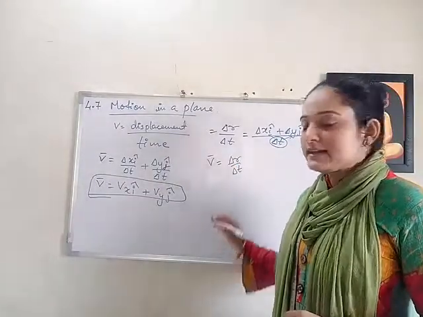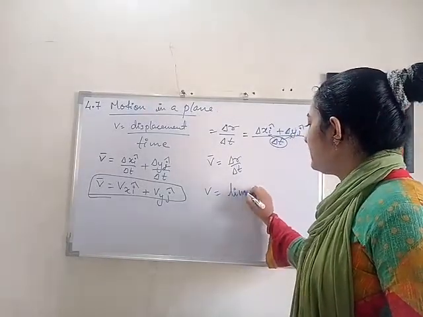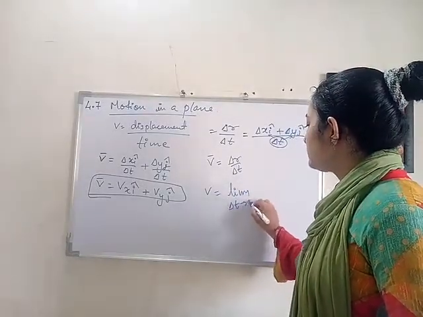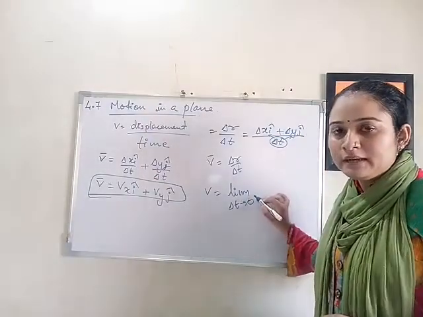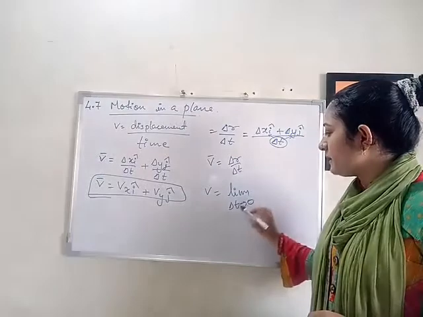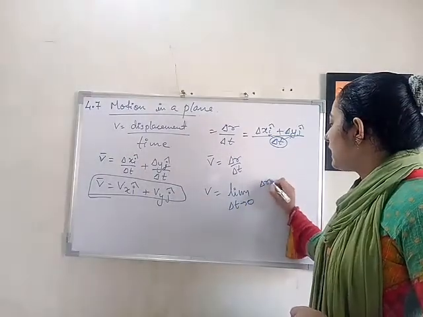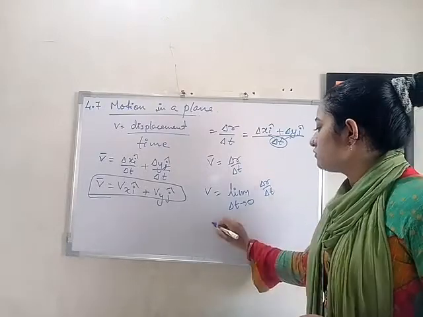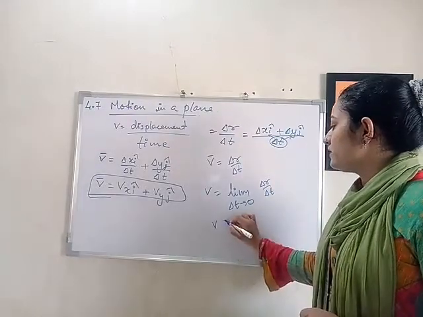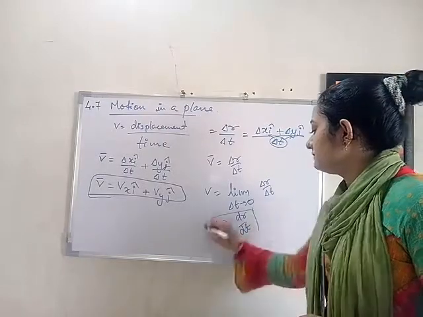So the instantaneous velocity v will be equal to limit delta t tends to 0 of this average velocity, limit delta t tends to 0, delta r by delta t. So the instantaneous value v will be equal to dr by dt.